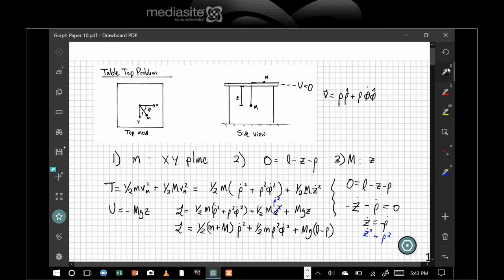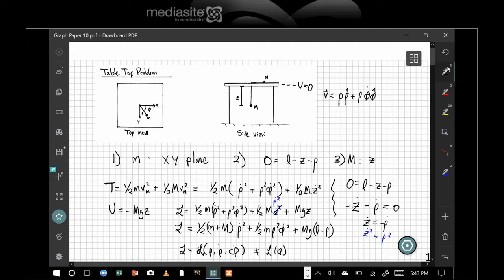Now, if you take a look at that Lagrangian, you notice that the Lagrangian is a function of rho, rho dot, and phi dot, but not a function of phi.